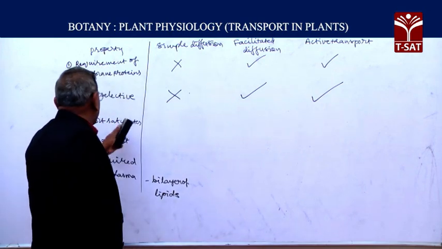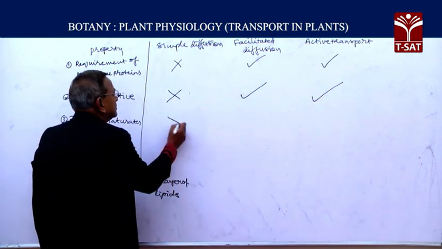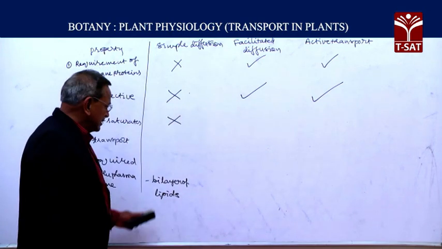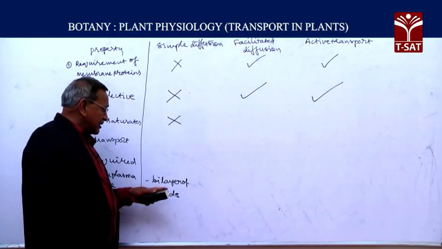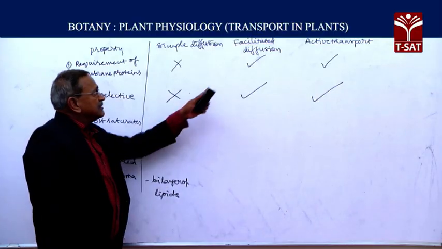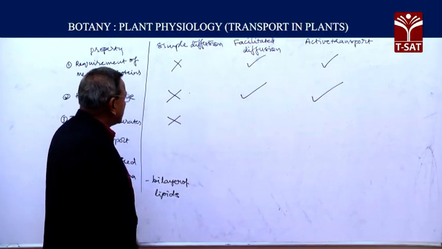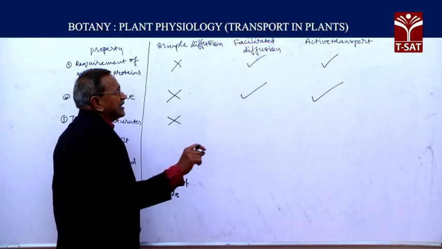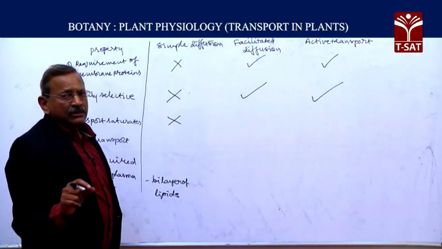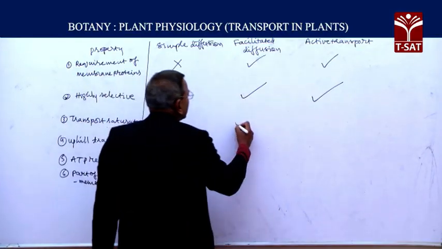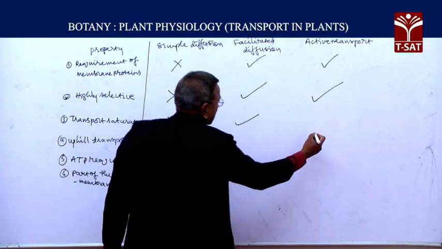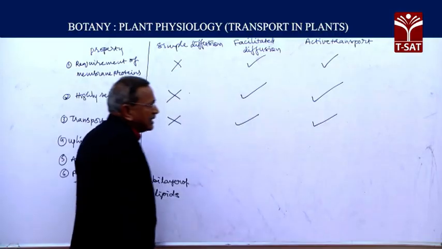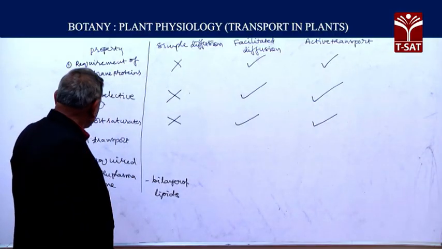Now, is there transport saturation? There is no transport saturation in simple diffusion because the solute can pass through any part of the bilayer of lipids, whereas in facilitated diffusion, once a carrier protein is available, then only transport can occur. So this shows transport saturation, and so does active transport.